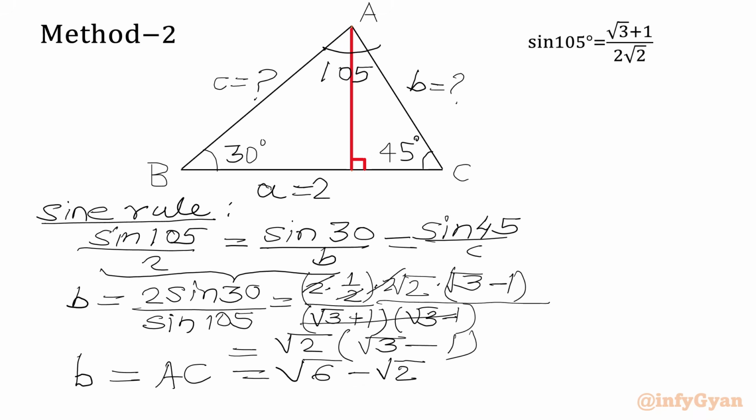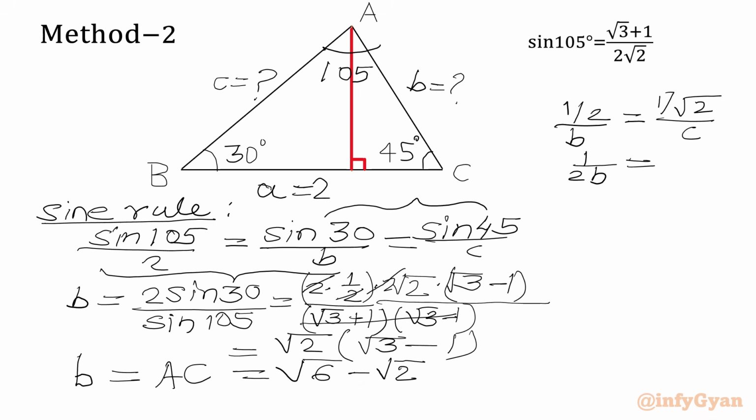Now we have to equate these two. So I can write here sine 30 is half over b, equal to sine 45, which is 1 over root 2, over c. So 1 over 2b equal to 1 over root 2 times c.